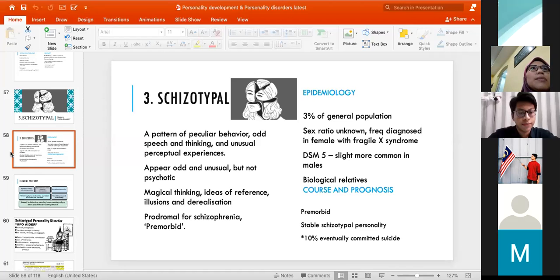So I hope with this awareness and information that you have gotten, you'll be able to lessen judgments when there are friends who seem to be more aloof, more cold, who are not able to socialize the way you expect them to, or who are just not like you.